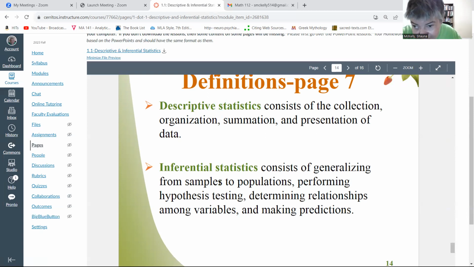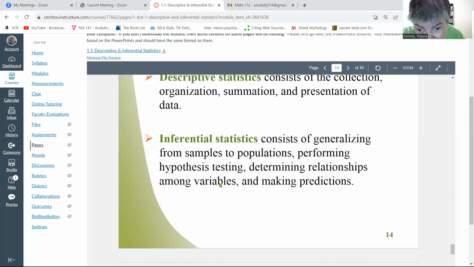That's an old debate. There's evidence on both sides of it, but that's an inferential kind of thing. So that's what inferential statistics does. I hope that clears that up and gives you a little bit more insight into that.